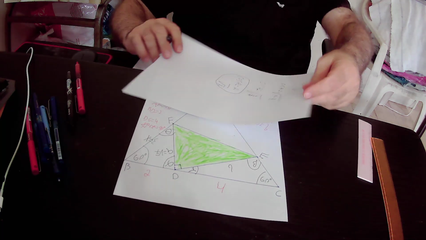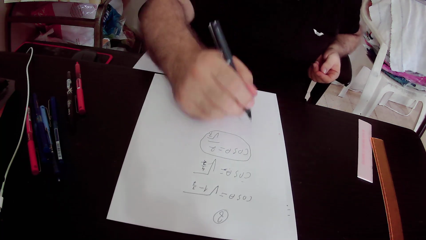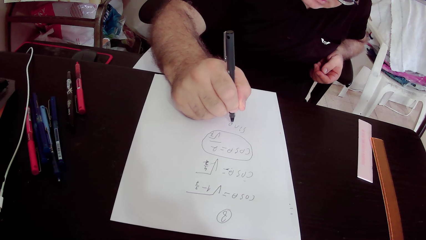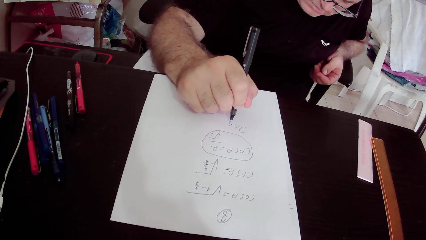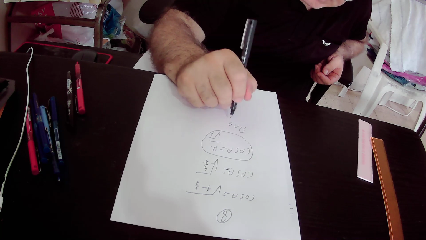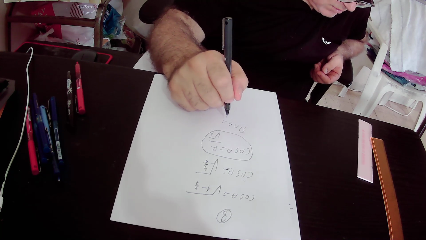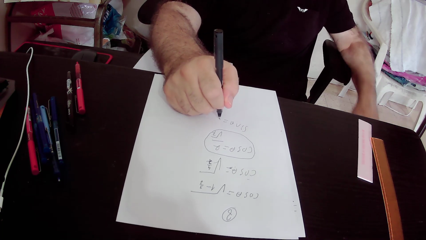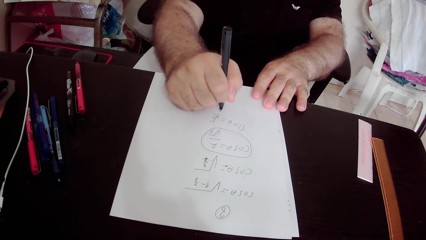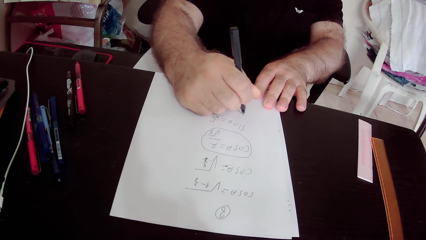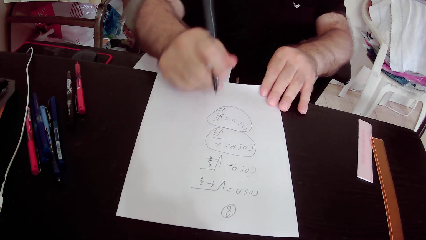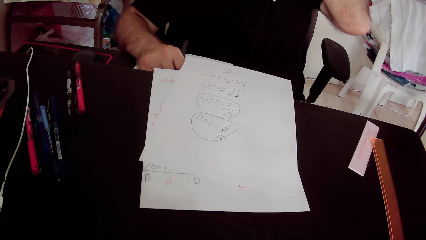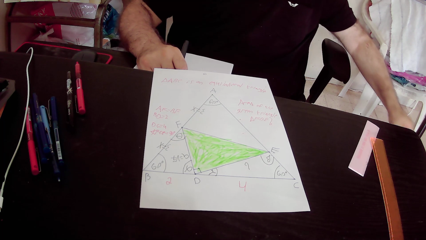And we have already found out the value of sine theta. Sine theta equals root 3 over root 7. So actually we found the value of cosine theta and the value of sine theta.